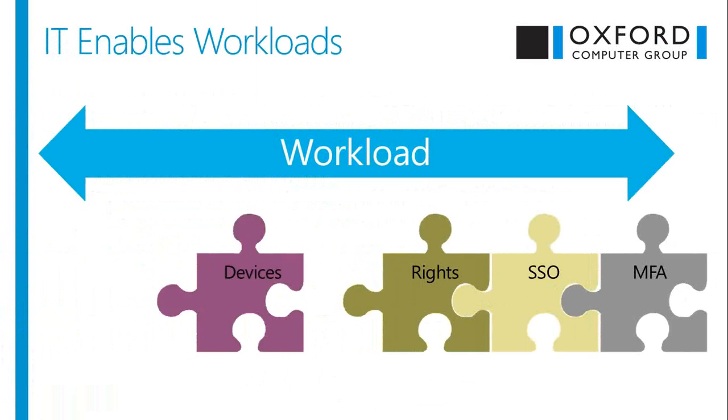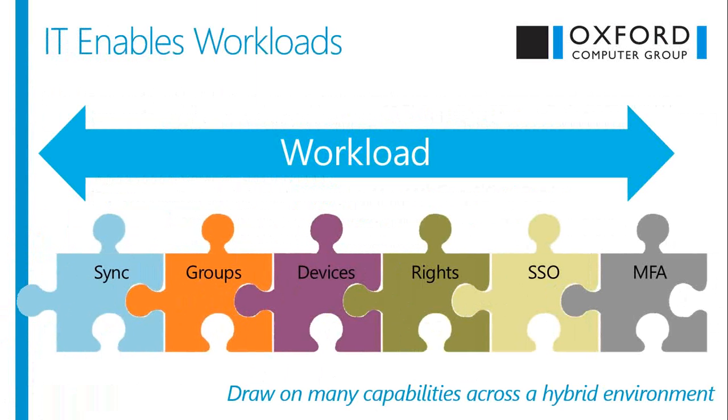Here's a little graphic on the purpose of IT and what your responsibility is to enable business workloads for the lines of business. Either it's HR bringing people on board or certain lines of business, and that involves integration and the support of different components: step-up authentication, single sign-on for usability, access and rights management, device management, managing people through groups, and then synchronizing all that data across both the cloud and on-premises environment.